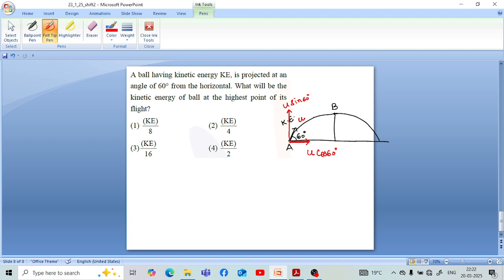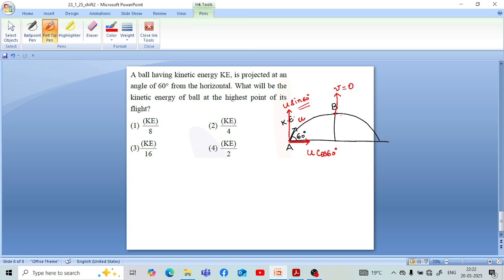Now, when the ball goes in the upward direction, its vertical component of velocity becomes less and less, and as it reaches the highest point, point B, the vertical component becomes zero.